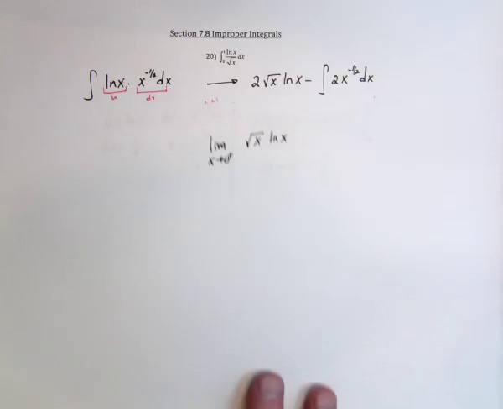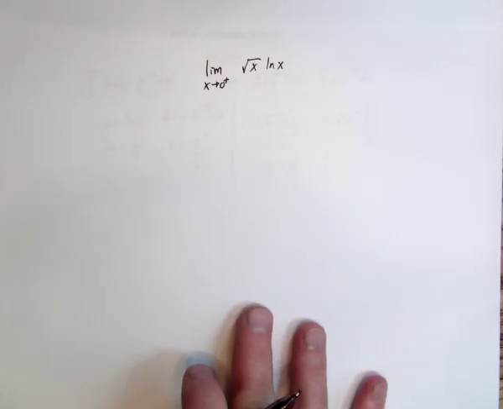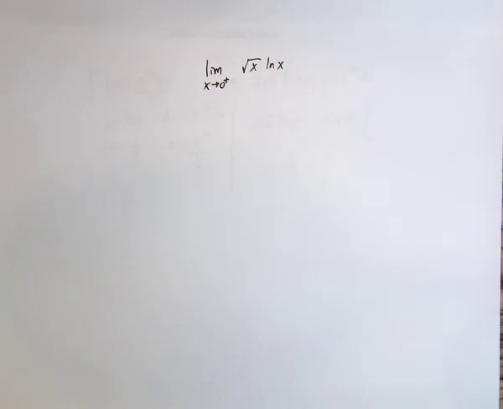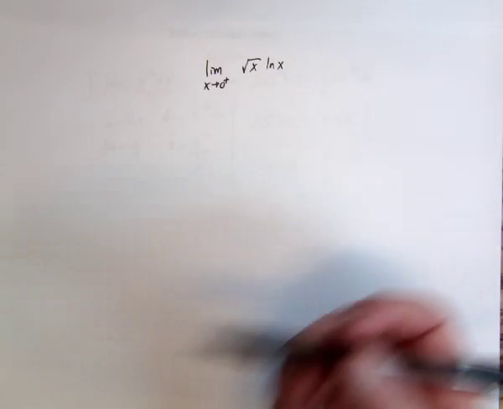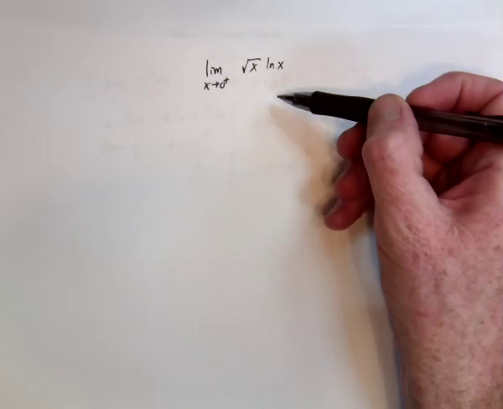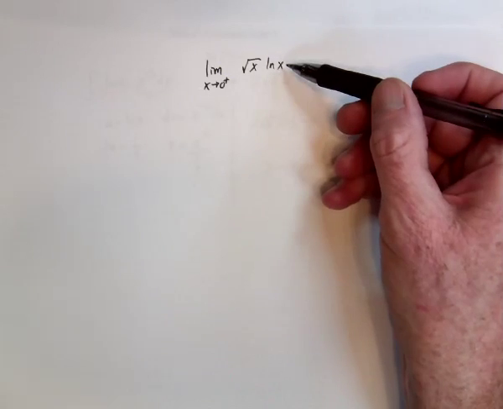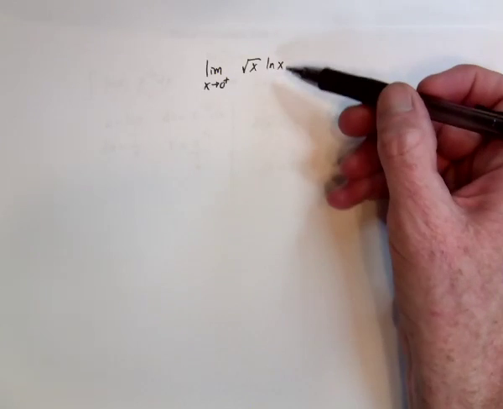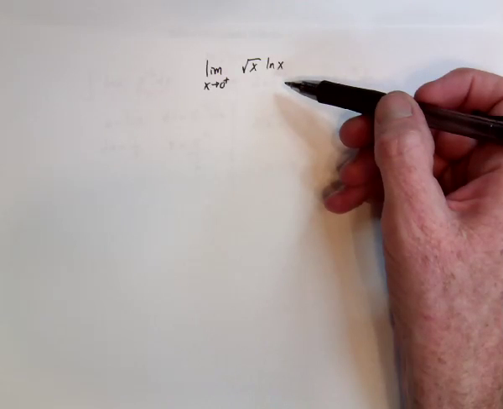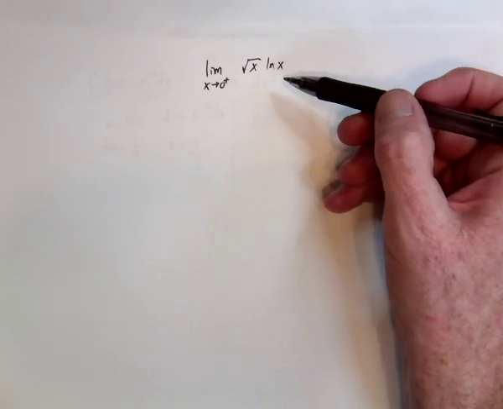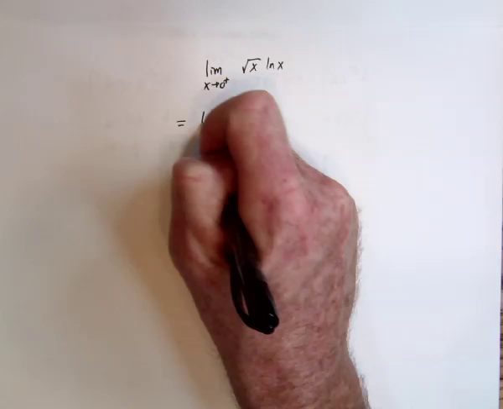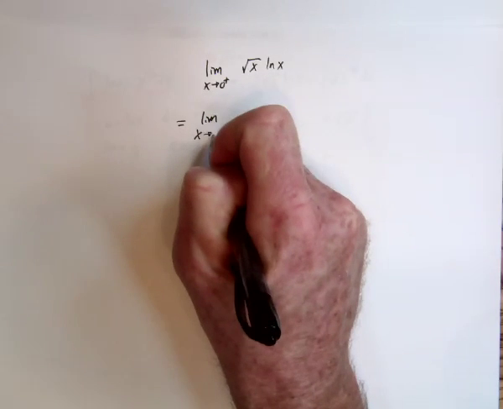So for this, we then need to somehow use L'Hopital's rule. But the problem is with L'Hopital's rule, it says if you have something divided by something else, and you get the result 0 over 0, or infinity over infinity, you're then allowed to use L'Hopital's rule. So we need to somehow make this into a fraction.